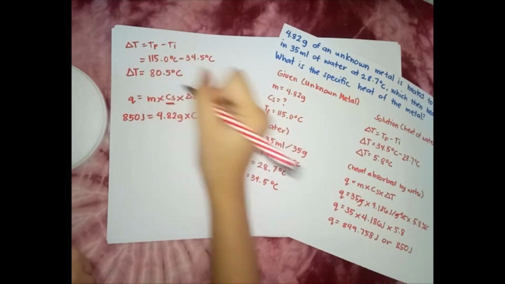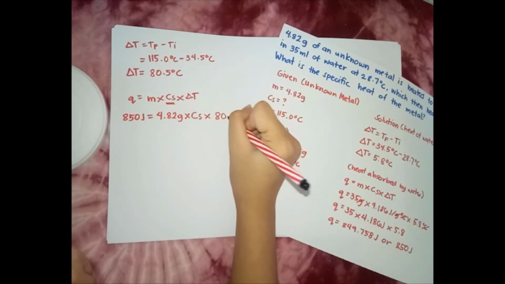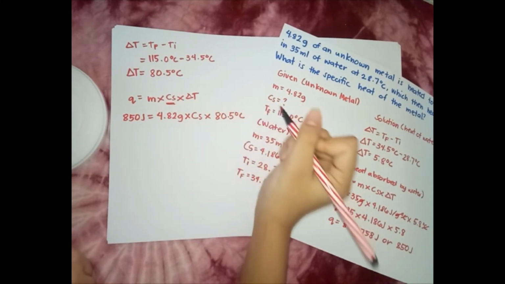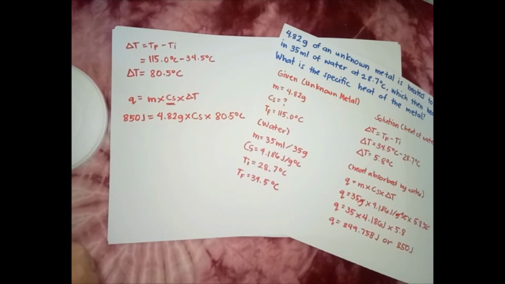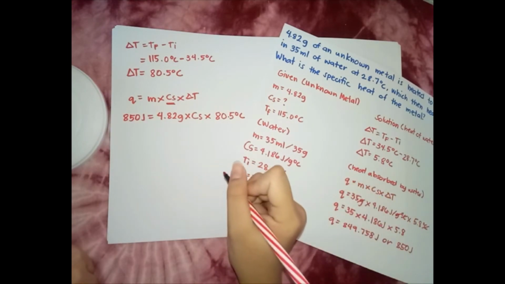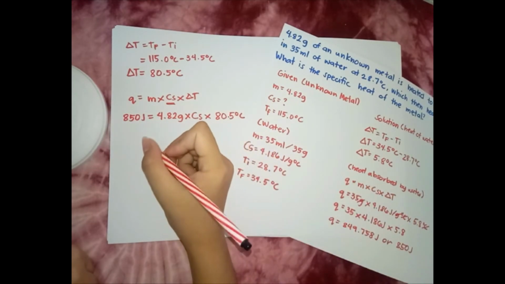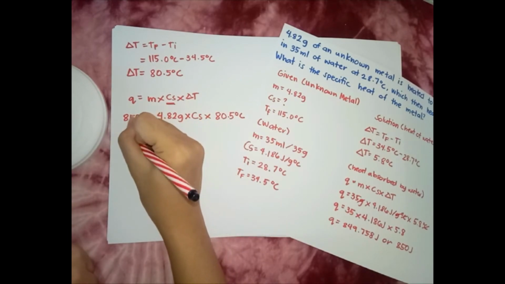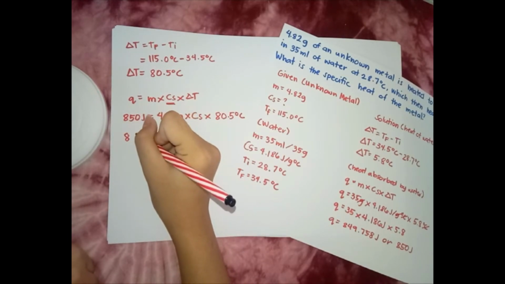Since we're solving for the specific heat, we're going to leave that there, and we have the delta T, which is 80.5 degrees Celsius.